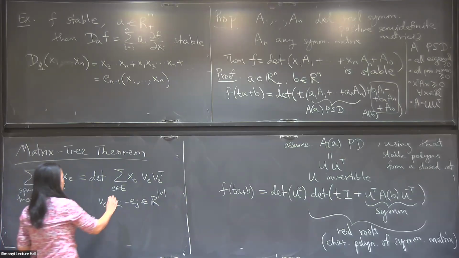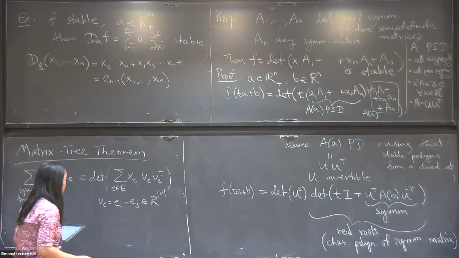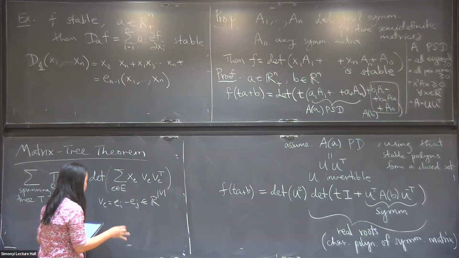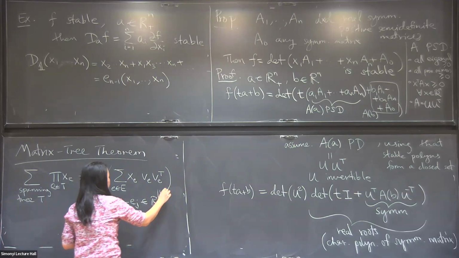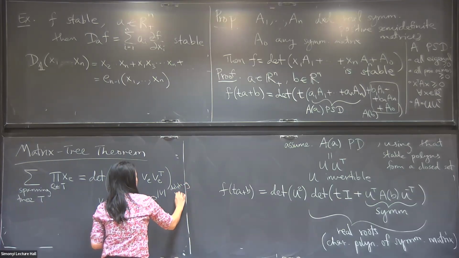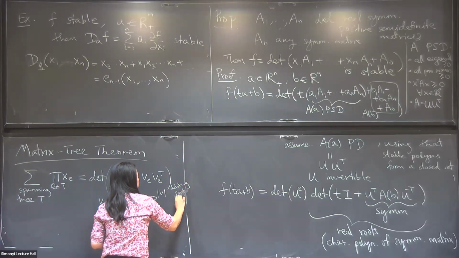And then I'll write the determinant of this matrix after deleting one row and one column, let's say the last row and last column.